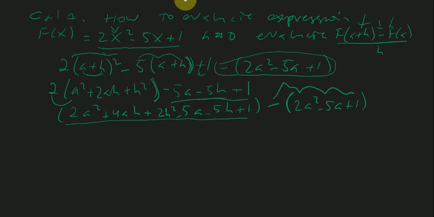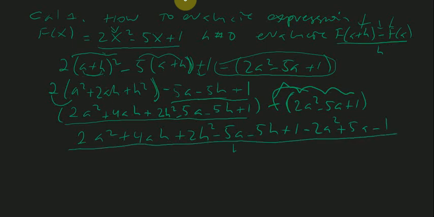What are we going to have? 2a squared plus 4ah plus 2h squared minus 5a minus 5h plus 1, and then, with the negative distributed, minus 2a squared plus 5a minus 1. All of this over h, but we say h is not equal to 0.